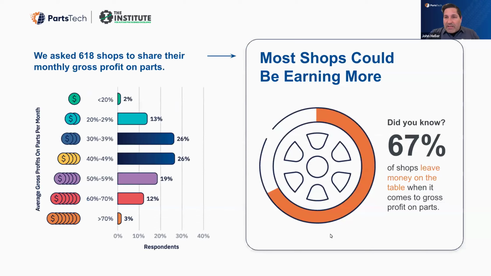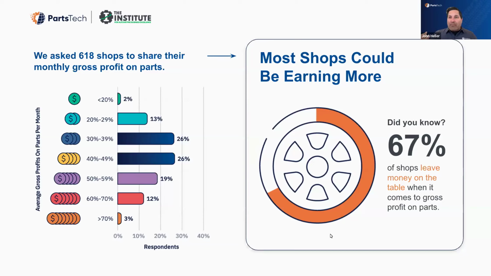As a recap of what brings us together today, PartsTech recently conducted a very broad survey across hundreds and hundreds of repair shops. One of the key findings that stood out to us was this idea of parts markup. We found that a considerable amount of shops are leaving money on the table when it comes to how they're marking up parts, gross profit margin analysis, and things of that nature.